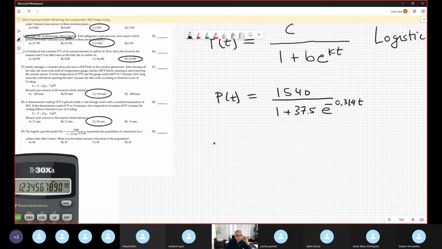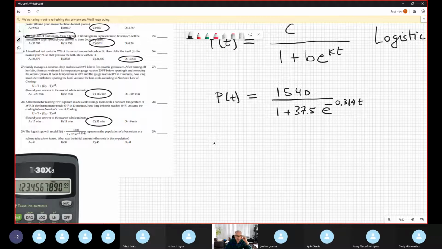This is the formula for the logistic. And they want to know the initial amount of bacteria, because it models the amount of bacteria.